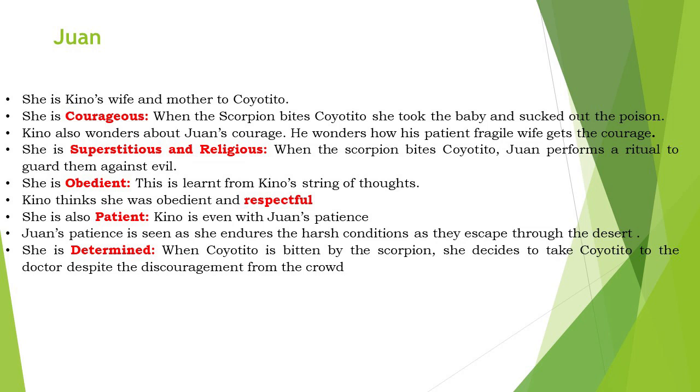Kino is even surprised with Juana's patience. Juana's patience is seen as she endures the harsh conditions as they escape through the desert. Finally, Juana is determined. When Coyotito is bitten by the scorpion, she decides to take Coyotito to the doctor despite the discouragement from the crowd.